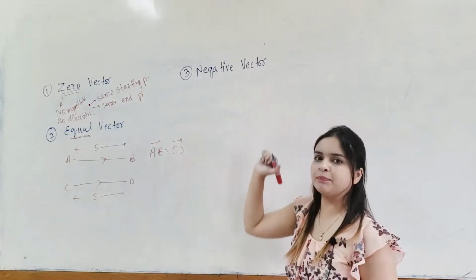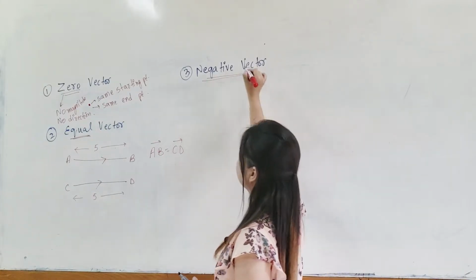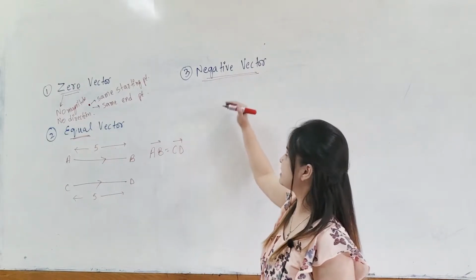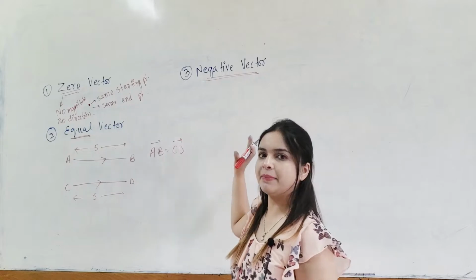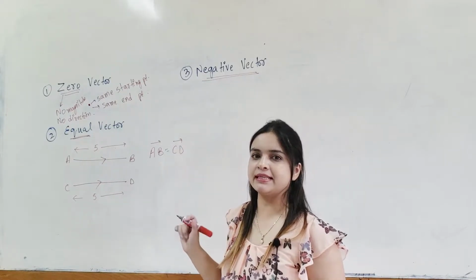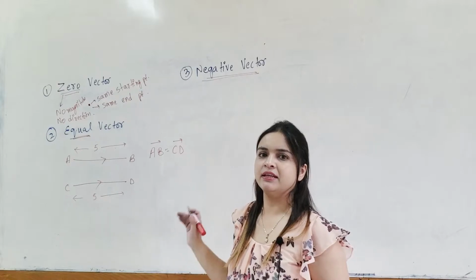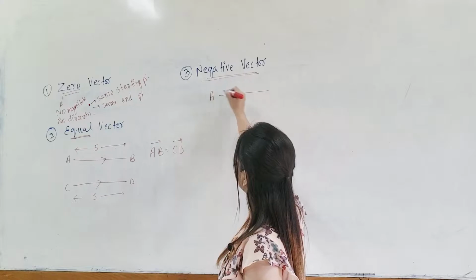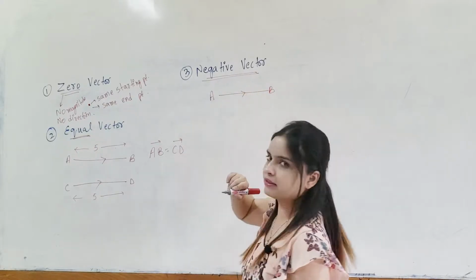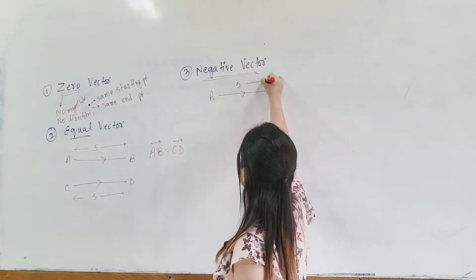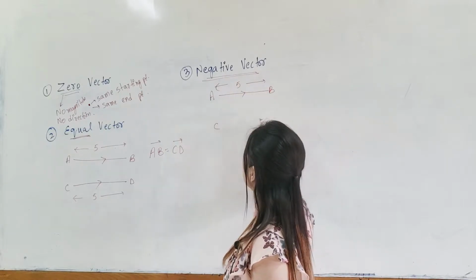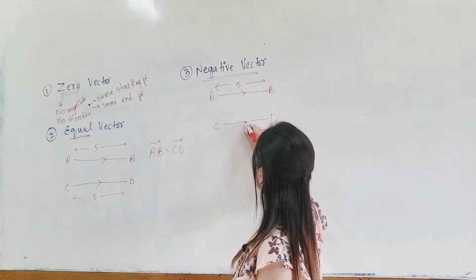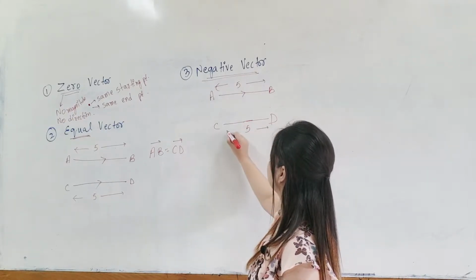Now, the third type of vector is negative vector. What is the difference between negative vector and equal vector? See, in negative vector, the magnitude of both the vectors will be same like equal vector. The difference is only the direction. If I say AB is my vector which has magnitude 5, CD is my another vector which has magnitude 5.